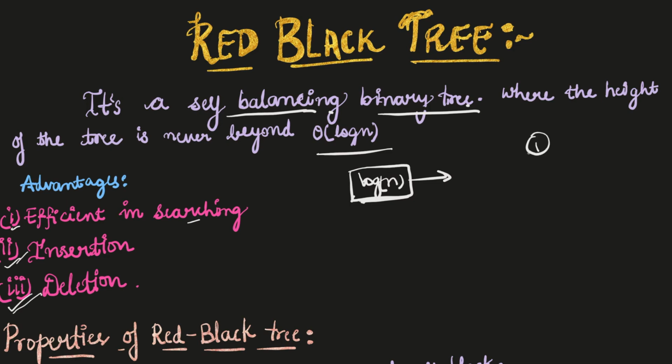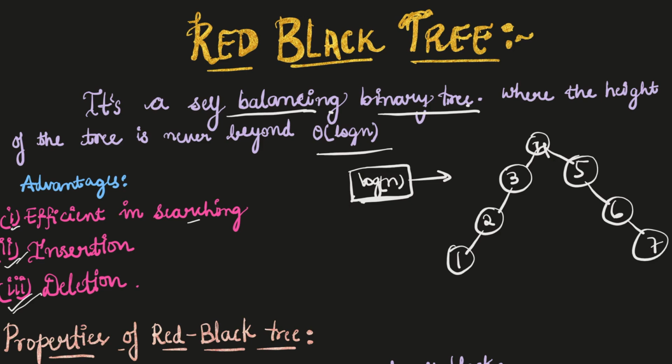Suppose I am taking random numbers like 4, 3, 5 and 2 over here and 1 over here and 6, 7. Suppose you want to search the number 1. Since this tree is short, you can search it easily.